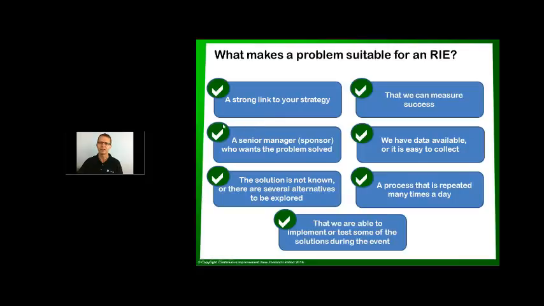And the final one leads on to that: we're able to implement or at least test some of the solutions during the event. Now, some of that testing might be through simulation. You might do some role playing. An event I did recently was in healthcare, and it was a little bit tricky to be working with patients throughout that process.